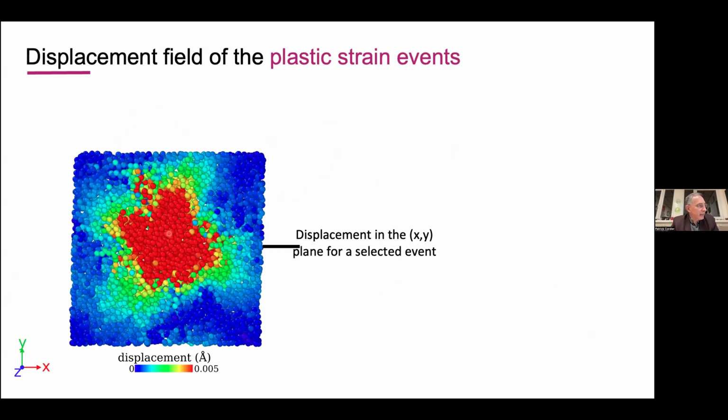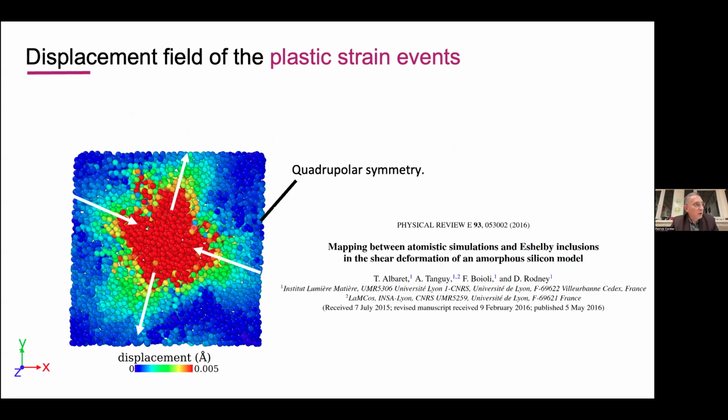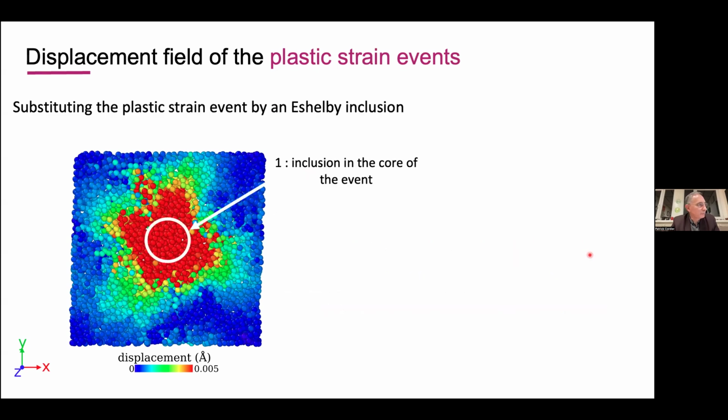So if we analyze here not only the STZ, but also the strain field around the shear event, we see that it has a typical quadrupolar symmetry, which is very typical of what would be produced by an Eshelby inclusion. That is an inclusion, a spherical inclusion, which becomes an ellipsoid, which has some plastic deformation.